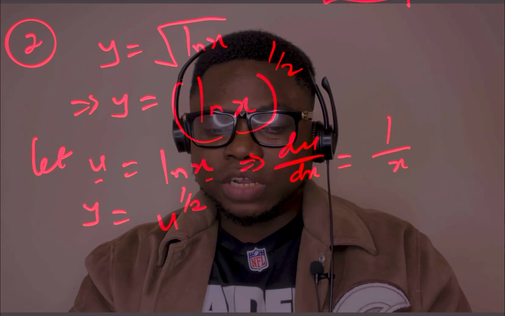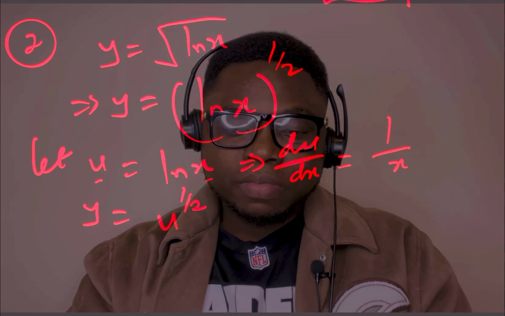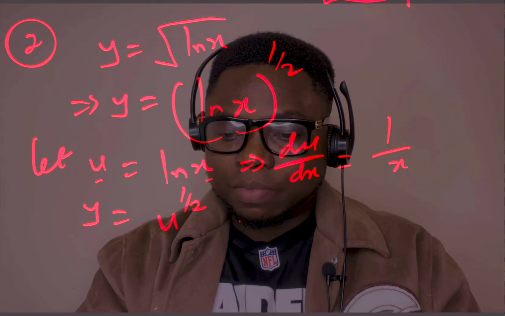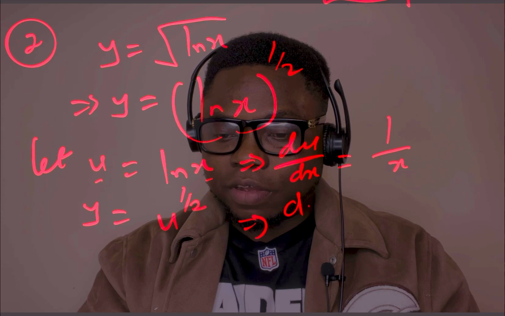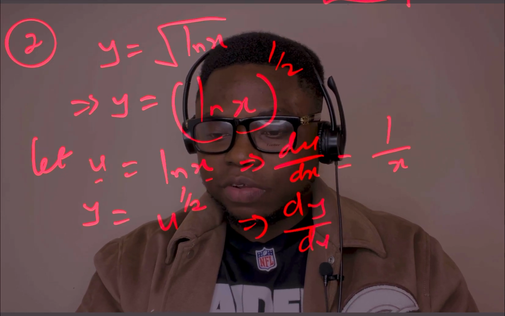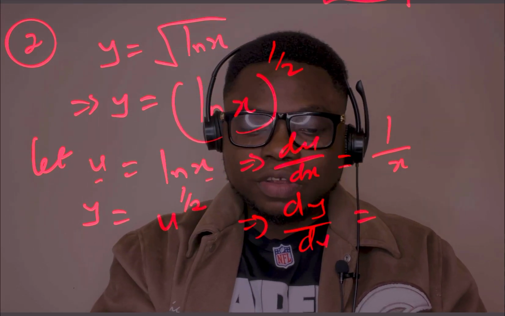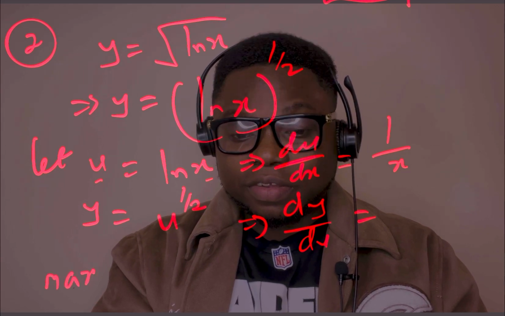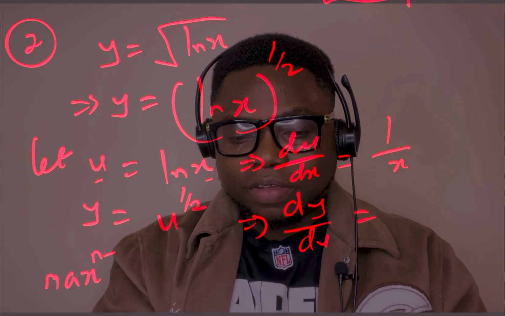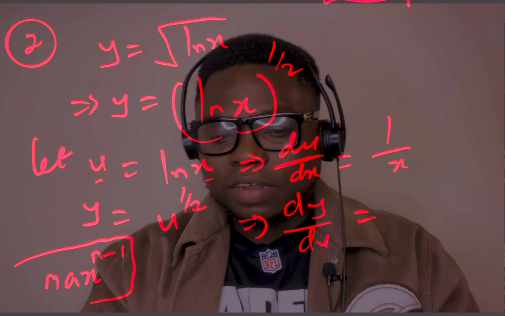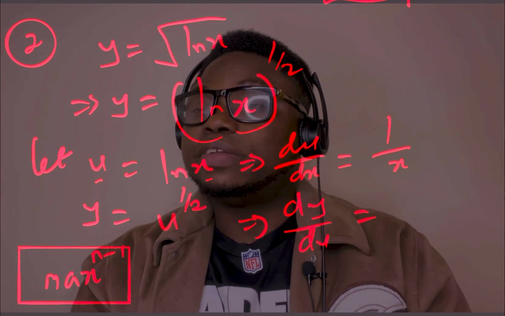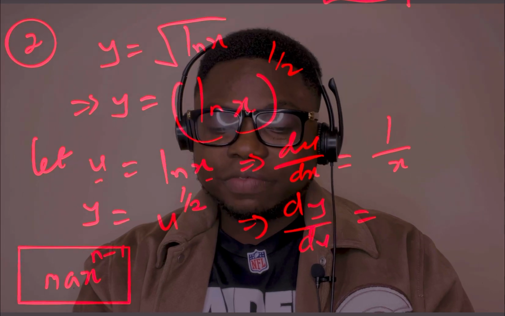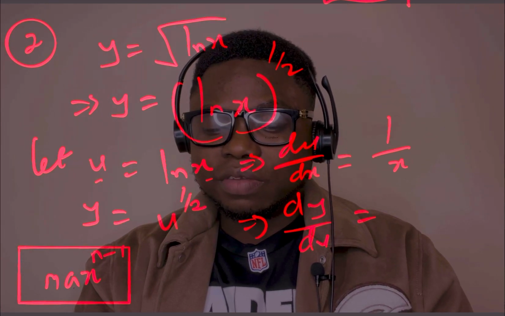Now I will differentiate y with respect to u, and I'm going to write dy over du. That is going to give me, using our formula, n a x raised to the power of n minus 1, the differentiation formula, where n is the exponent of the given variable, and the variable here is u.